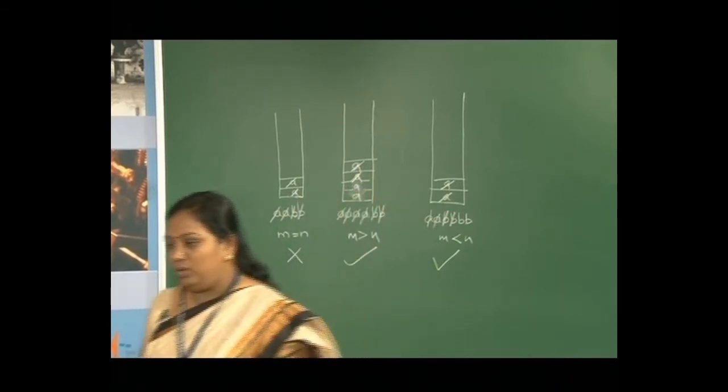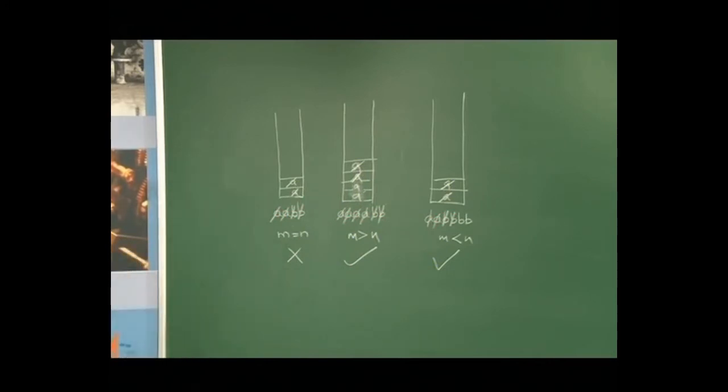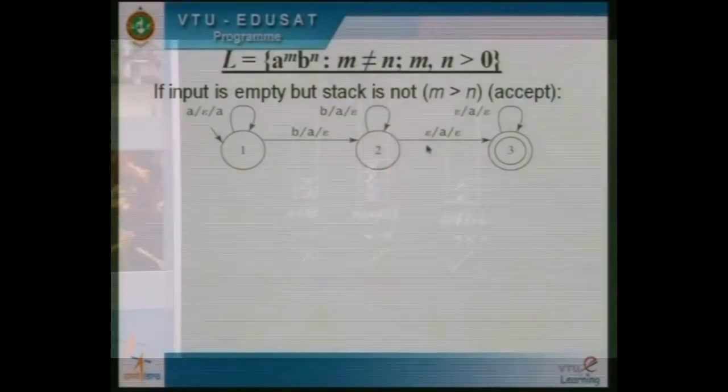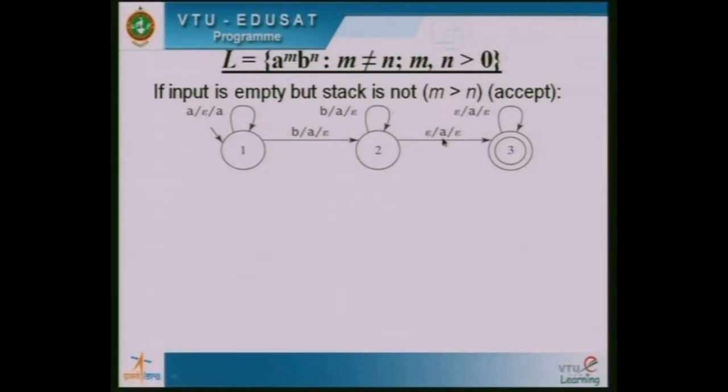At that time what to do? You can just see the transition here. Input is empty, epsilon. I have a in the stack. This is the first a. Then what to do? Minimum one a is extra than number of a's and b's. So, what we do? We pop the topmost element, that is a, and go to the final state.